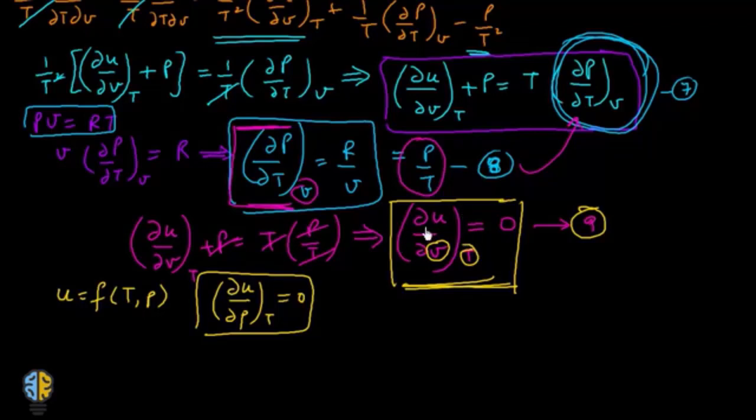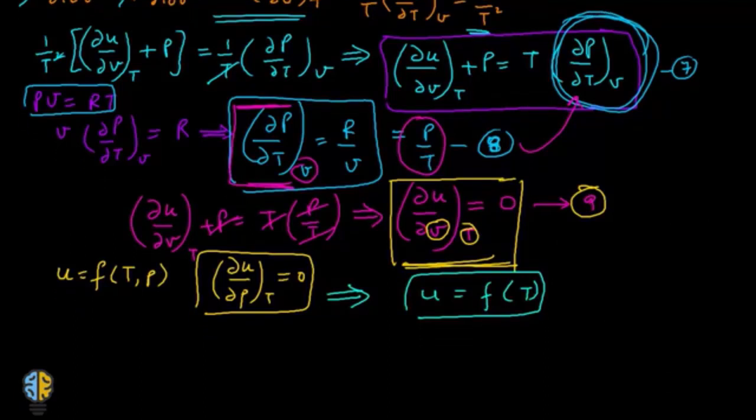So this gives us a very important relation that we always say that U is a function of temperature. So this is quantifying that relation, that U is only a function of temperature. So whenever T changes, unless T changes, U will not change.